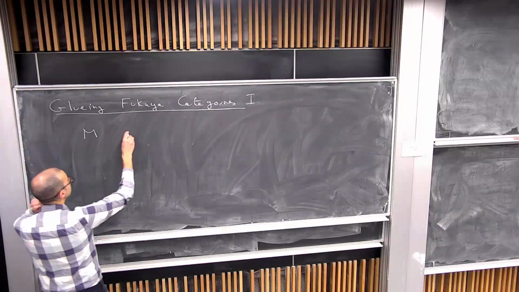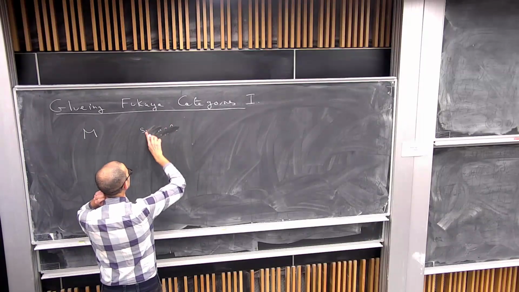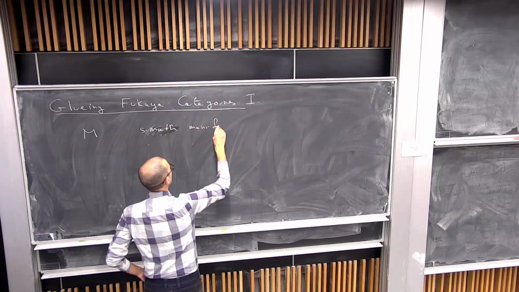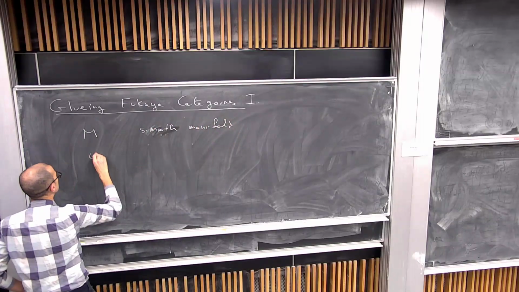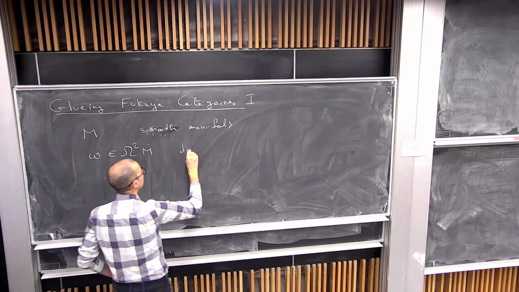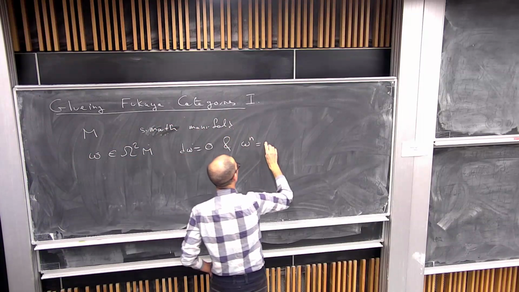So M is going to be our symplectic manifold. This is a smooth manifold, and omega is a differential two-form, which is closed and non-degenerate. It's a volume form.